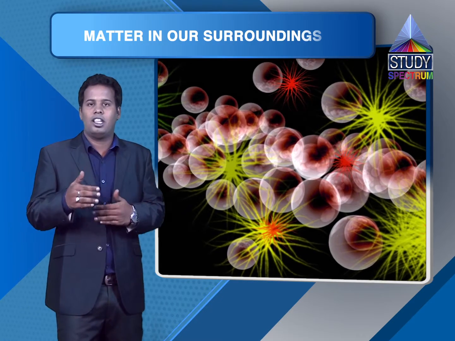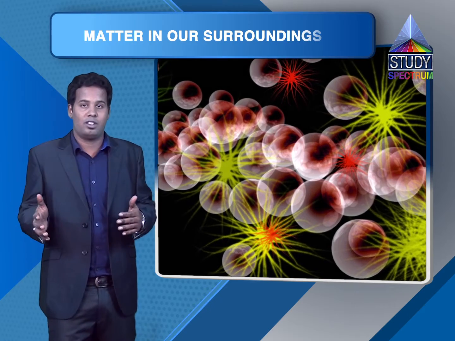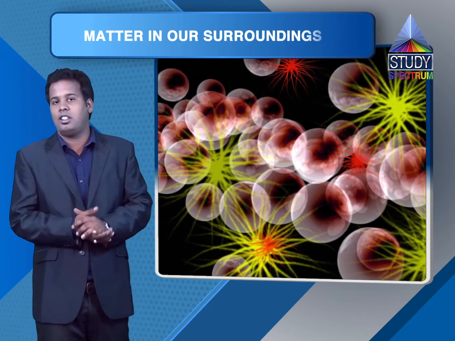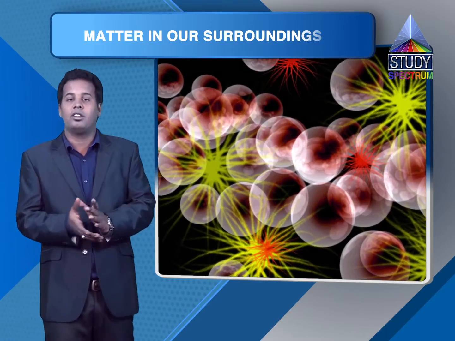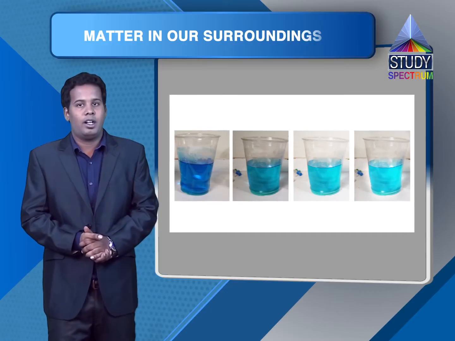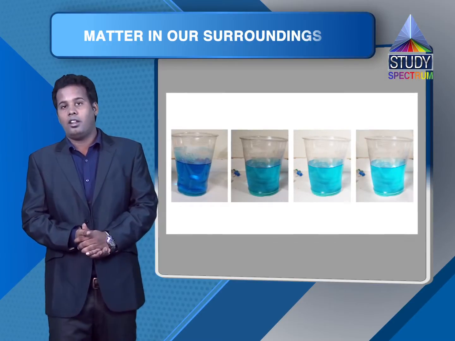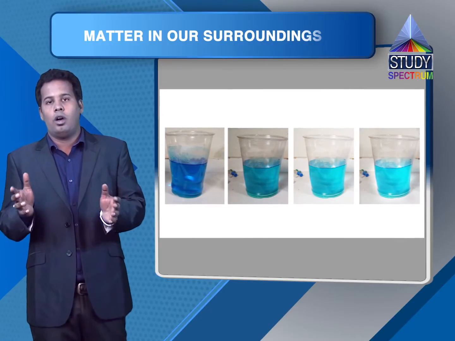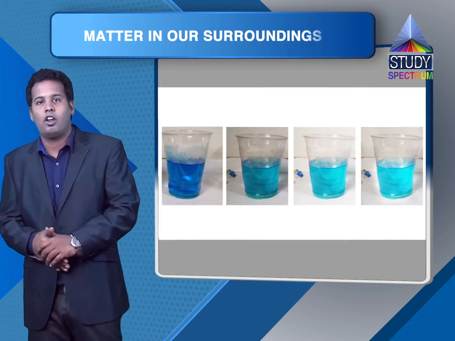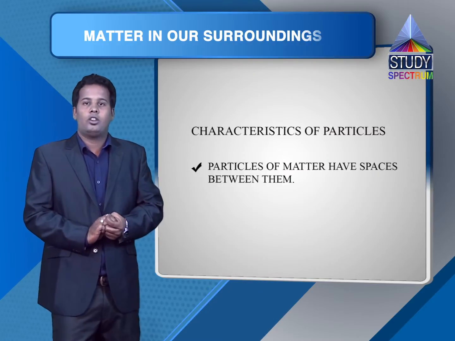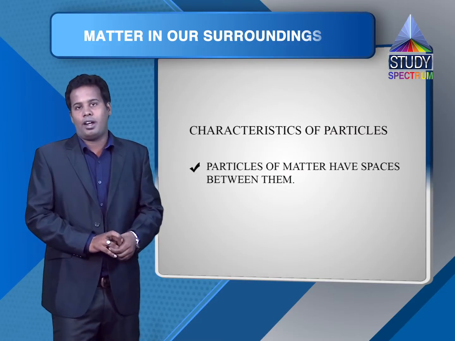These particles keep on dividing themselves into tiny species or particles, subparticles. That is why that color faded but did not vanish. Had this color vanished, then we could have said there is not even a single particle of copper sulfate in that solution. Now, let us talk about the characteristics of particles.